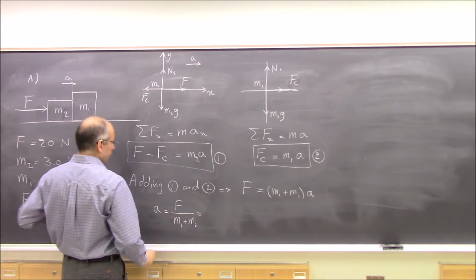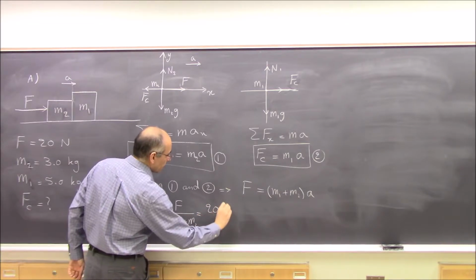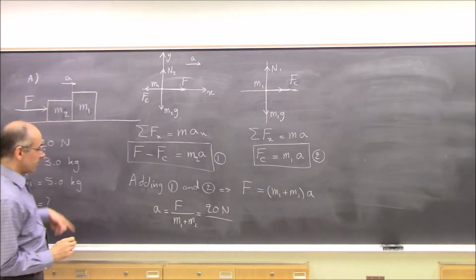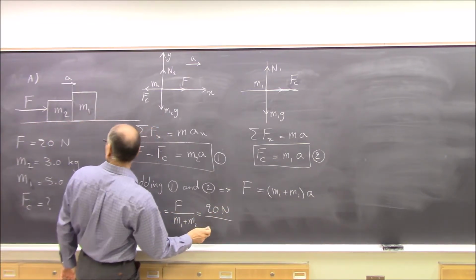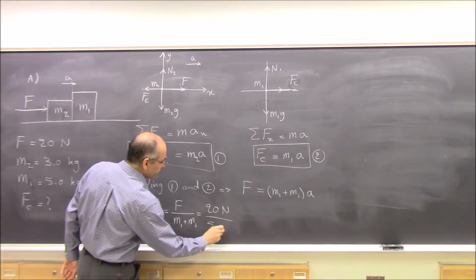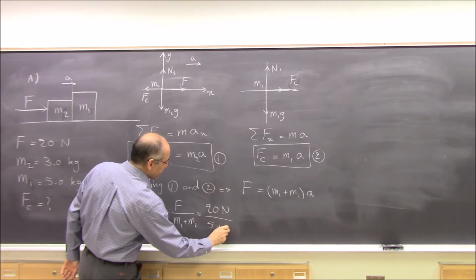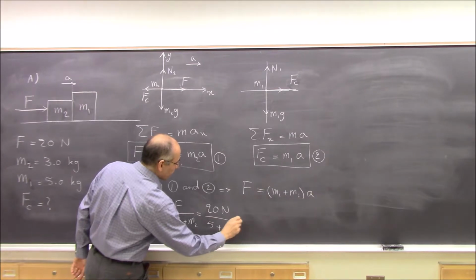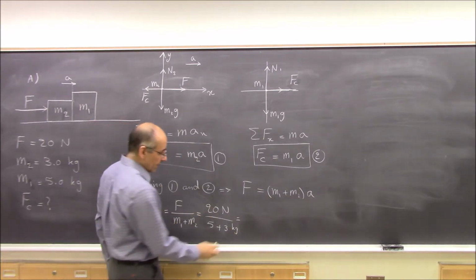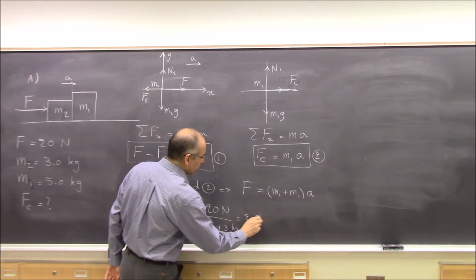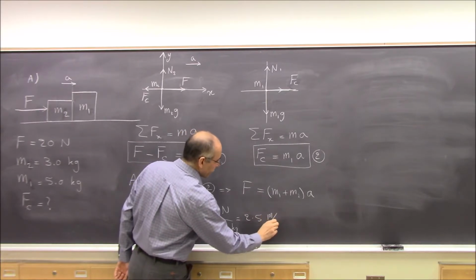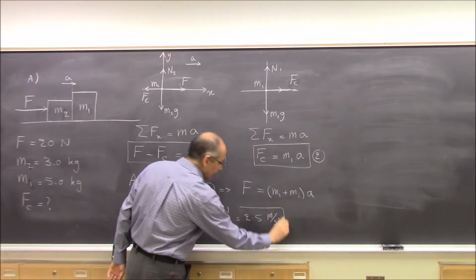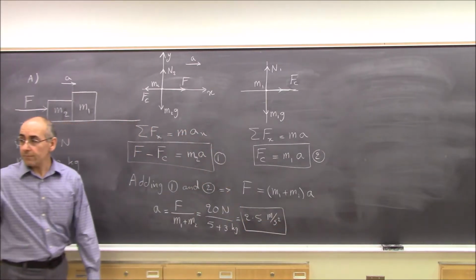The force is 20 Newtons, and M1 and M2 are 5 plus 3 kilograms. That's 20 divided by 8, you get 2.5 meters per second squared, right? So that's the acceleration of each one.